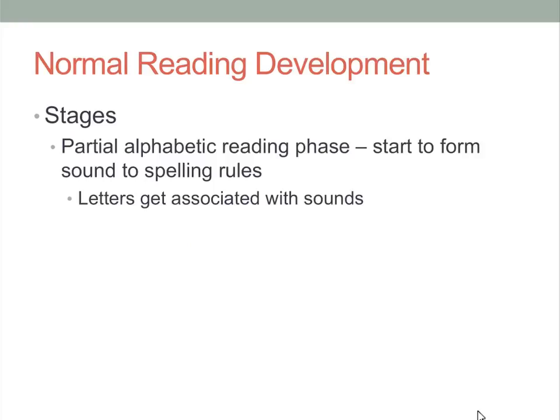Partial alphabetic reading phase is when we start to understand those sound-to-spelling rules. So letters or combinations of letters get associated with their sounds rather than just this particular set of squiggles is the. Now I can start to associate smaller pieces with their sounds. So this is gaining an understanding of the GPC route.